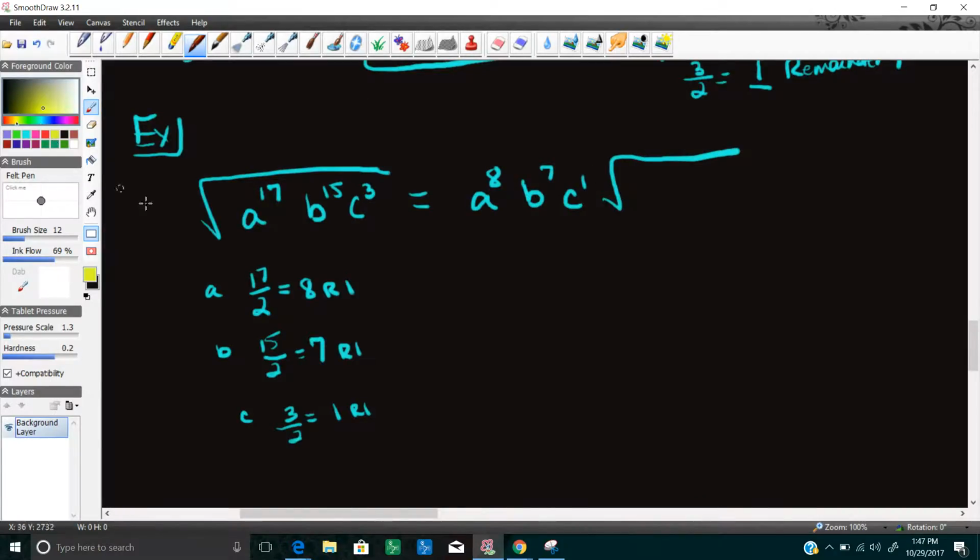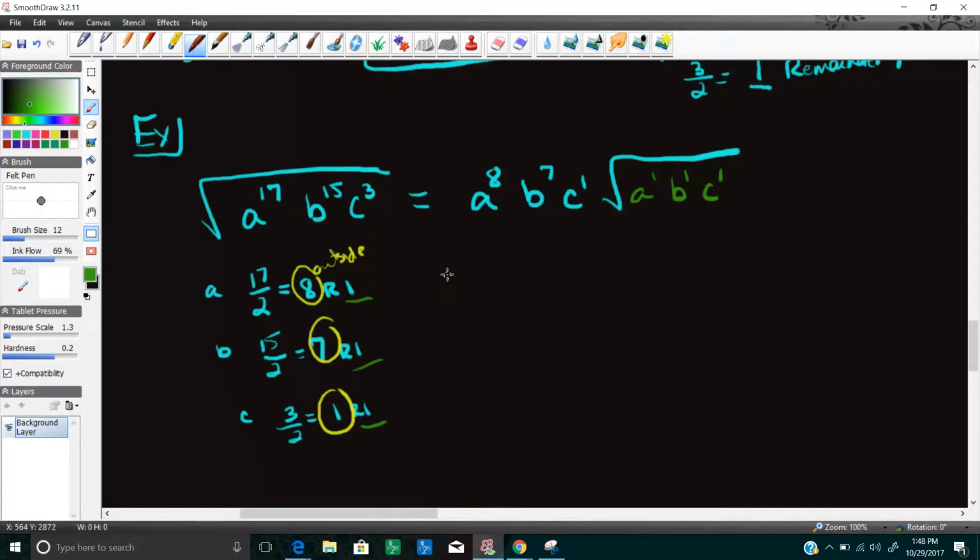So all of these numbers here, these are the outside ones, if you want to think of it like that. And then these ones over here, that looks horrible. Let me do that again. This is what's left over. I'm just going to underline it. So I have one of each. So a to the first power, b to the first power, c to the first power are left inside.